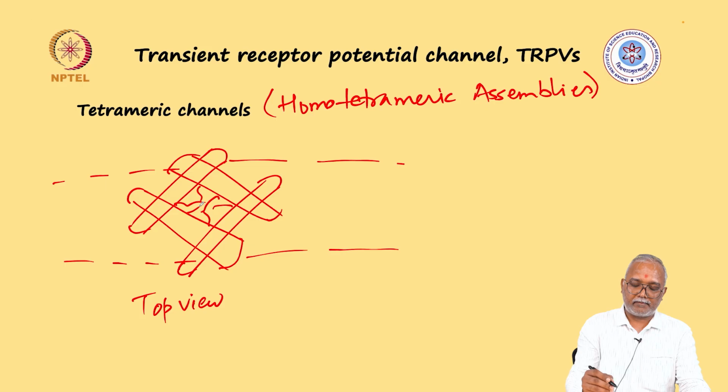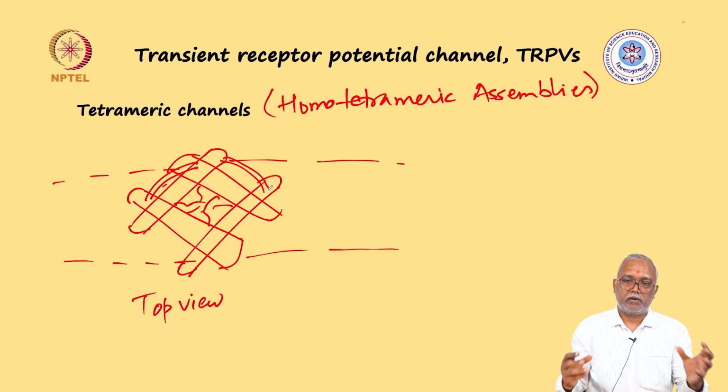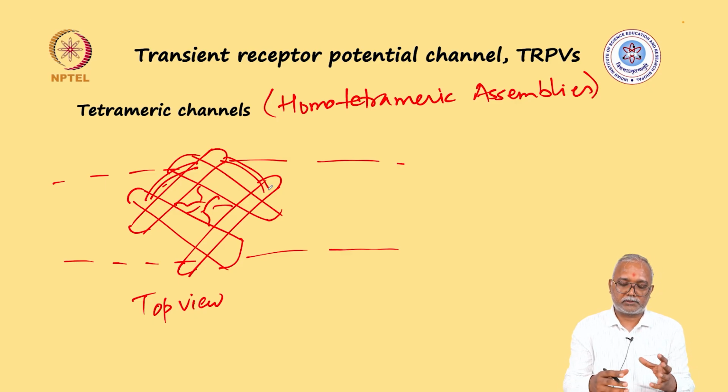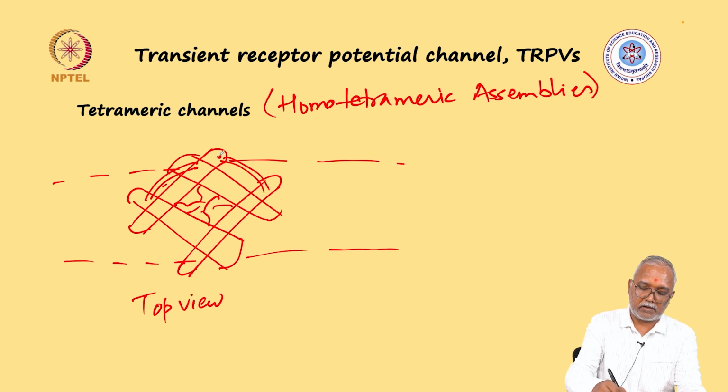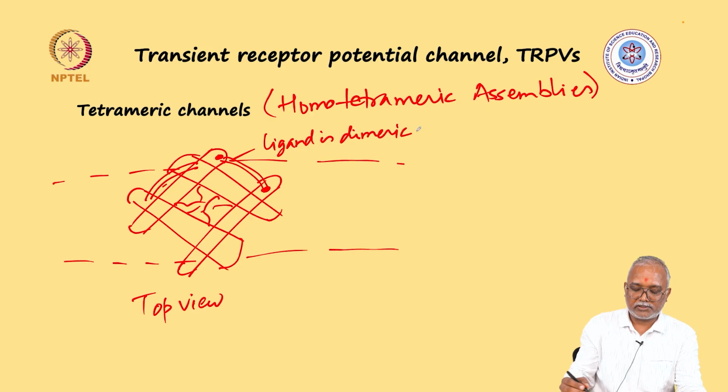When ligands bind to 2 units, basically for a tetrameric channel, you have 2 ligands binding, and each one of them has a ligand binding position. So in this case, each ligand is dimeric. If the ligand is not dimeric, you will need 4 subunits of the ligand to activate the channel.